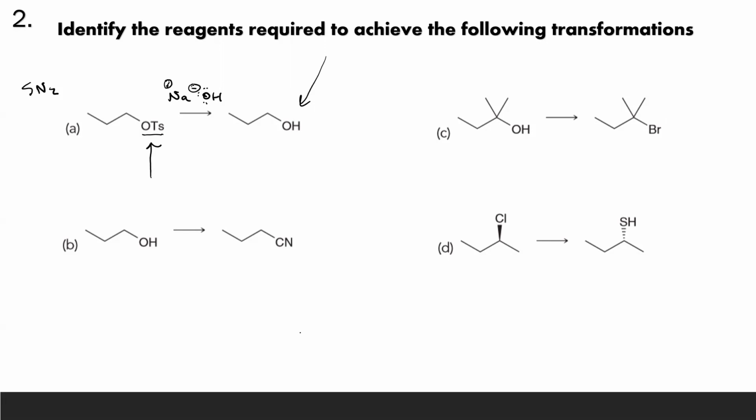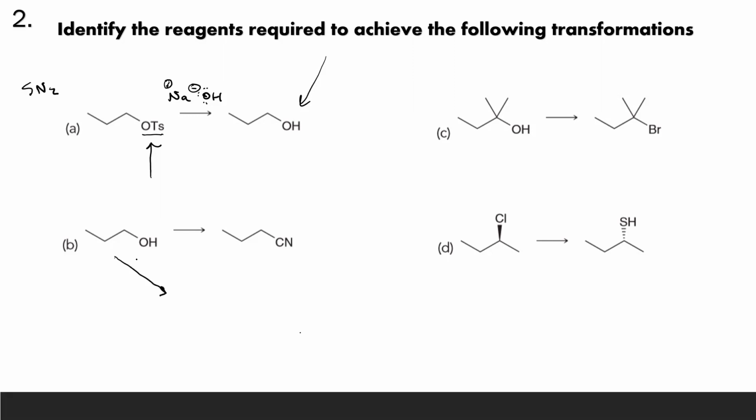Okay, let's look at B. So in this case, we have an alcohol as our leaving group, which, as we know, is a very, very poor leaving group. So what we first need to do is tosylate this in order to produce a really good leaving group, and then do an SN2 type reaction to produce our final product.